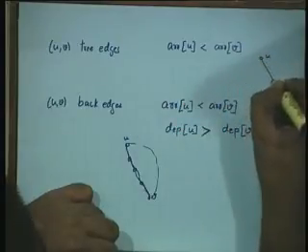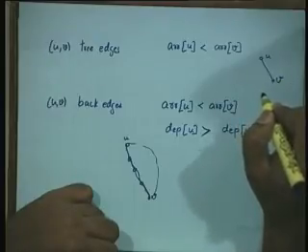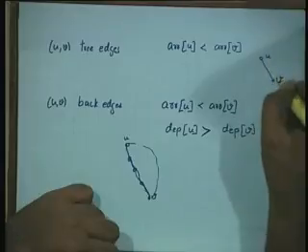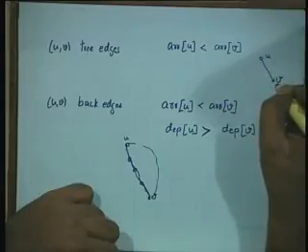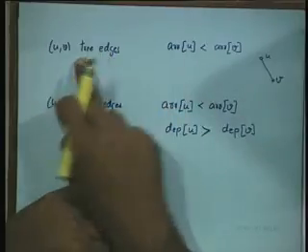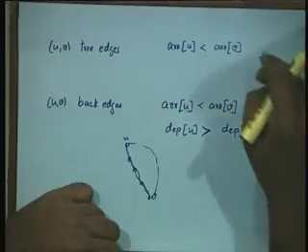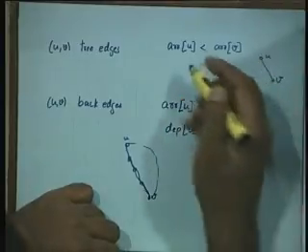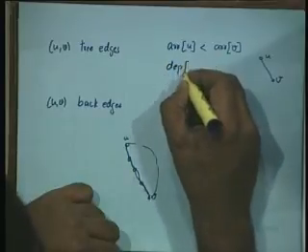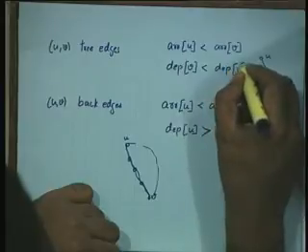So, u and v have a parent child relationship, not just an ancestor descendant, but a parent child. u is a parent of v, because uv is a tree edge. So, when I depart from v, after that only will I depart from u. So, the departure time of v is less than the departure time of u.